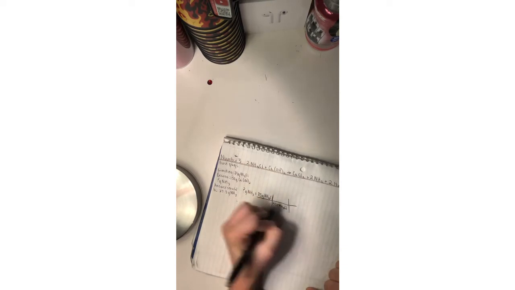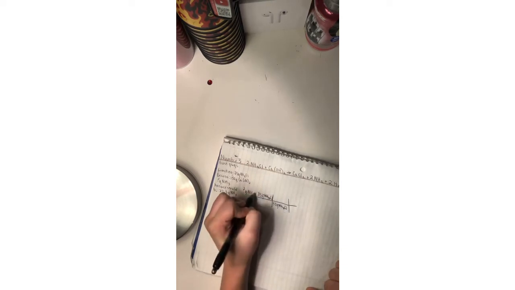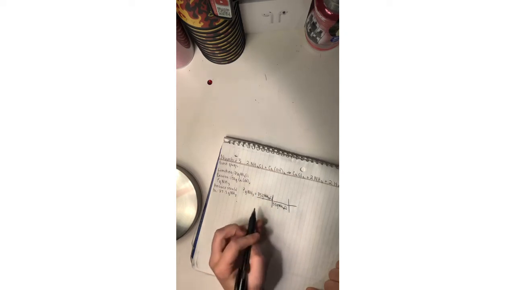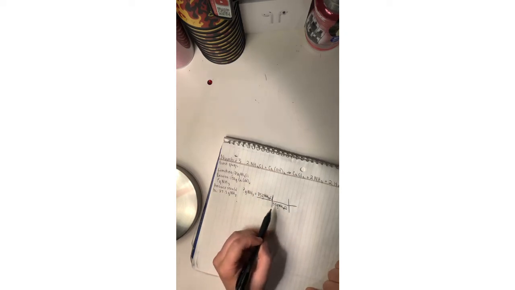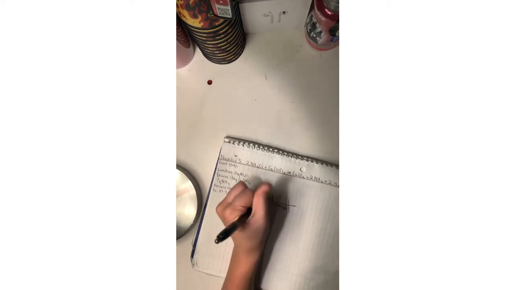So after we have the grams, we can cross out both grams right here. Next, we are going to turn these grams into moles of NH4Cl.